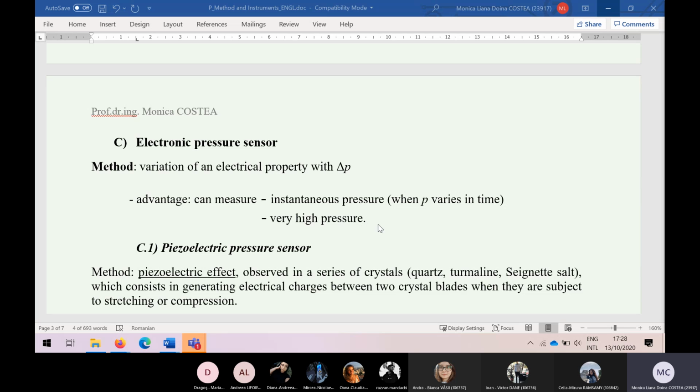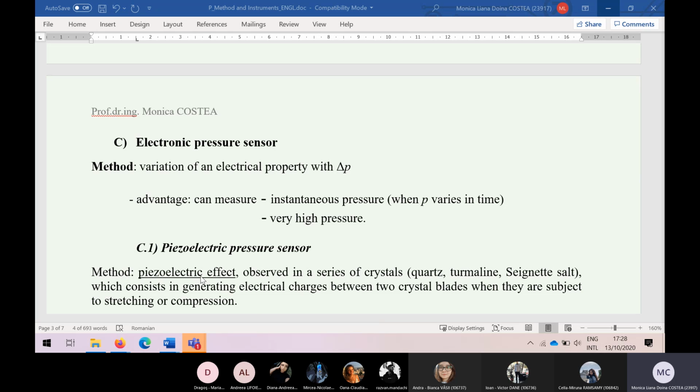Very high was also for the gauges, for the book, but here it goes to higher values. All right, so the piezoelectric sensor, you have seen it in the digital presentation. Now let us mention what effect the method uses.